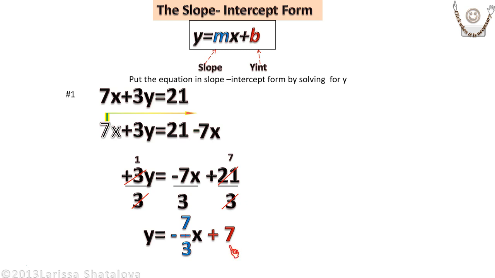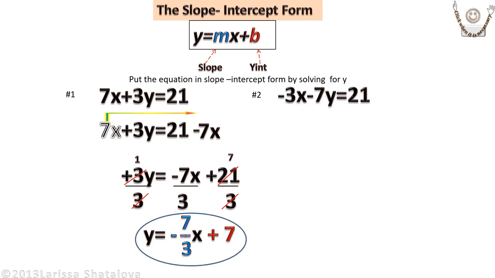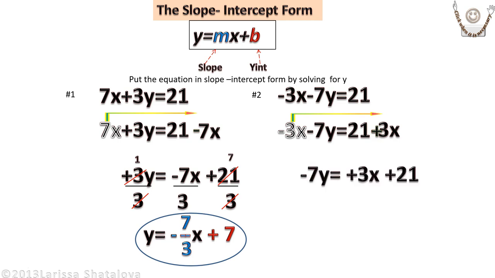One more example. Negative 3x and negative 7y is 21. And we have a request: put the equation in slope-intercept form by solving for y. We have to move negative 3x from the left to the right first. Don't forget to change sign. Negative becoming positive 3x. Now we have negative 7y, but we need only positive 1y.